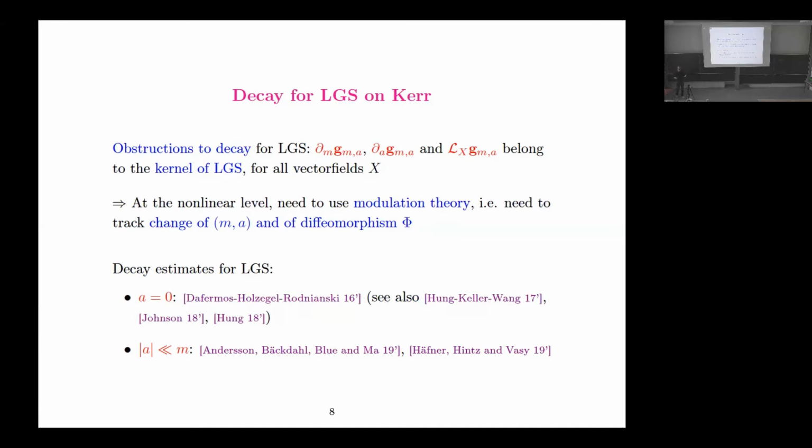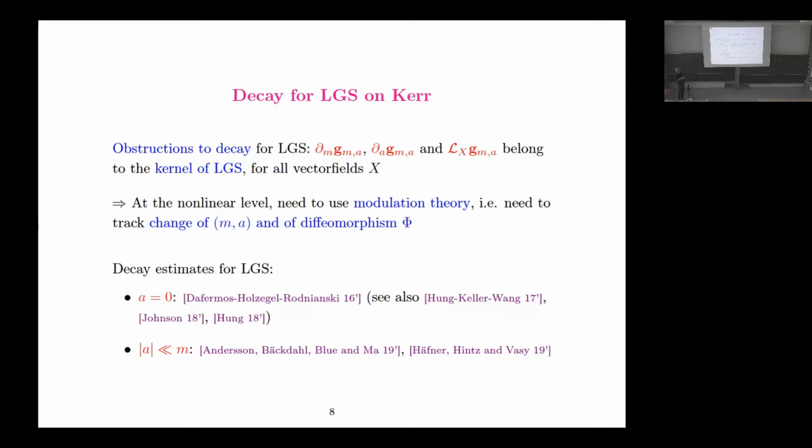So of course, if you have a kernel, and if you go back to my analogy with linear systems, obviously you cannot solve the system except if you make sure that you solve orthogonally to the kernel and that the right hand side is in the co-kernel. That certainly means you cannot solve this linearized problem in general, but at the same time, at the nonlinear level, there was still this conjecture.